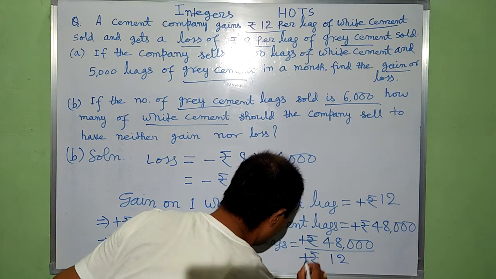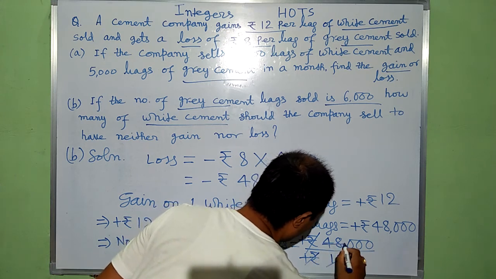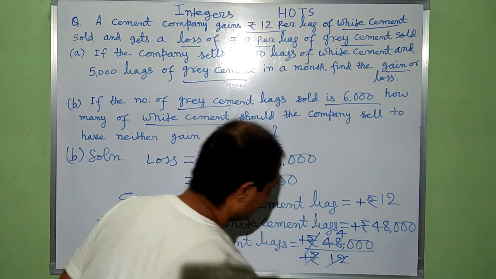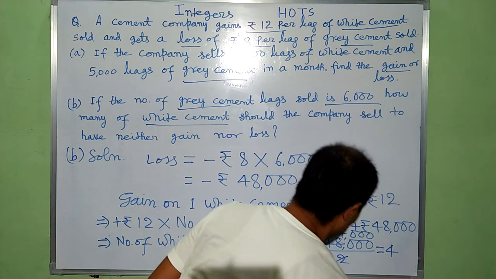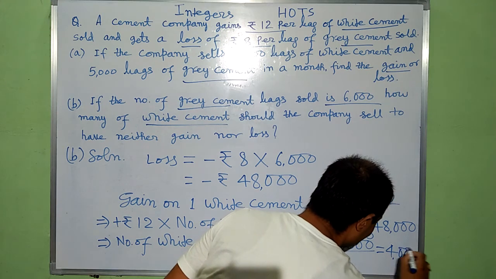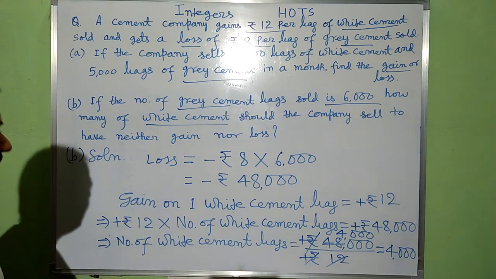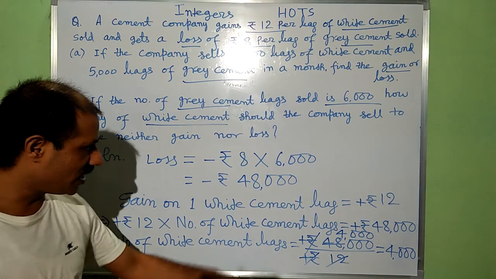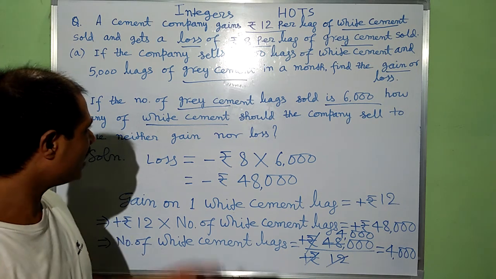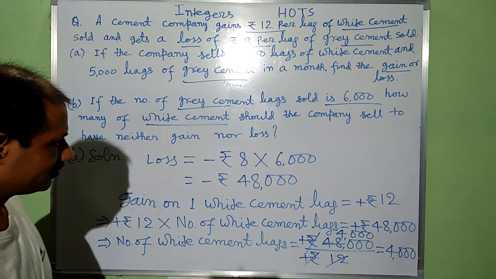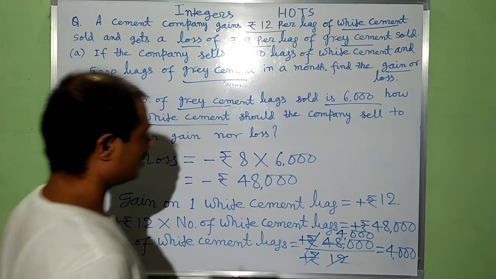Plus symbol, all these will be cancelled. 12 times 4 is 48. 3 zeros are here. This gives us 4,000. So the shopkeeper has to sell 4,000 white cement bags so that he will have neither gain nor loss. So the required number of white cement bags is 4,000.